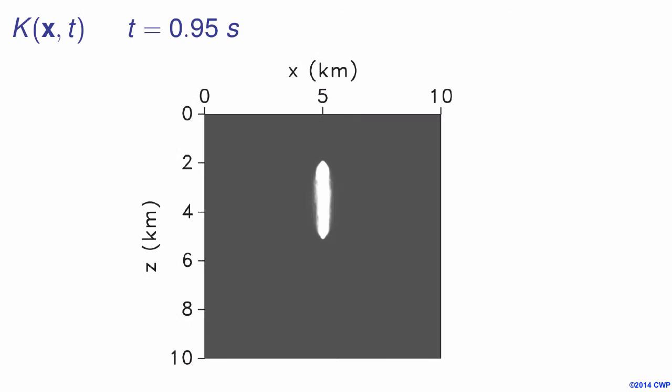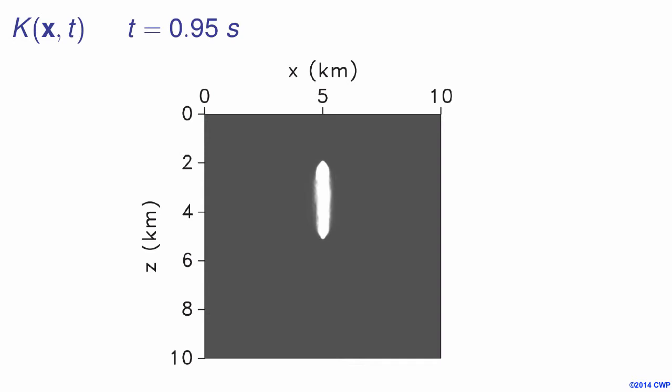So here is the sensitivity kernel at the time of the direct arrival for this simple model. And what you see is that most of the contribution for the direct arrival comes just along the line between the source and the receiver, which is intuitive.